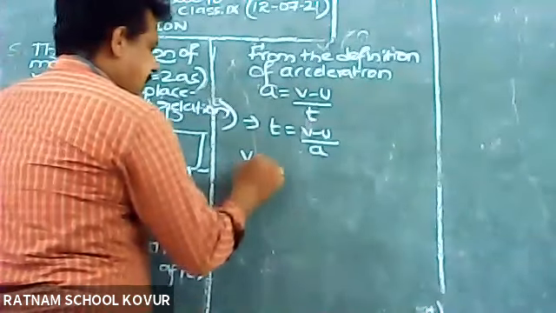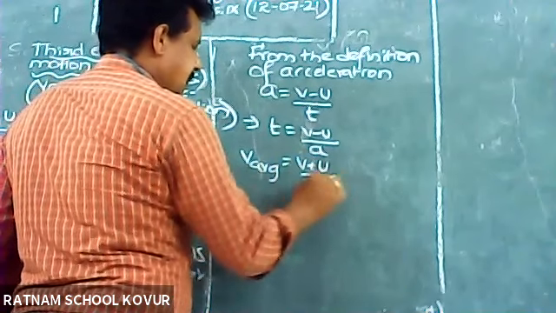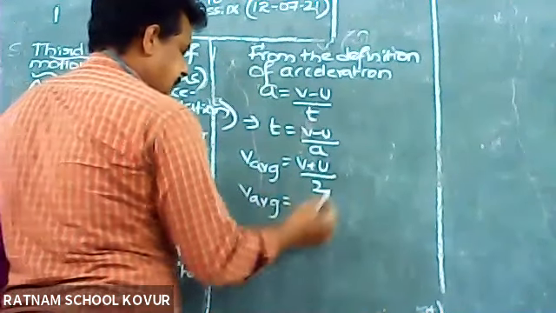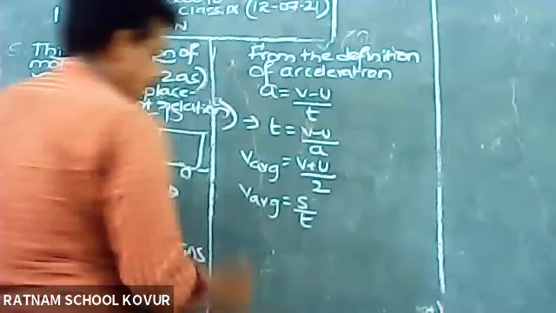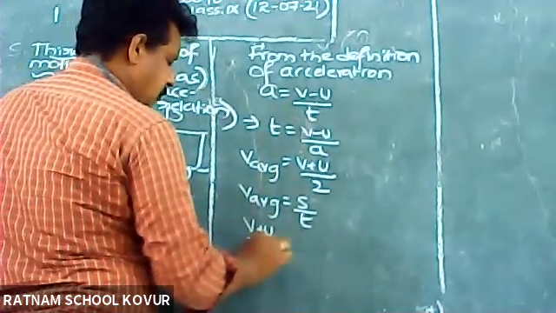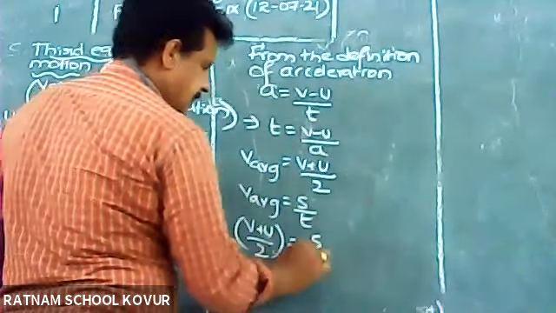Now v average you already know, v plus u by 2. V average is equal to velocity is equal to displacement by time. V average means v plus u by 2 is equal to s.